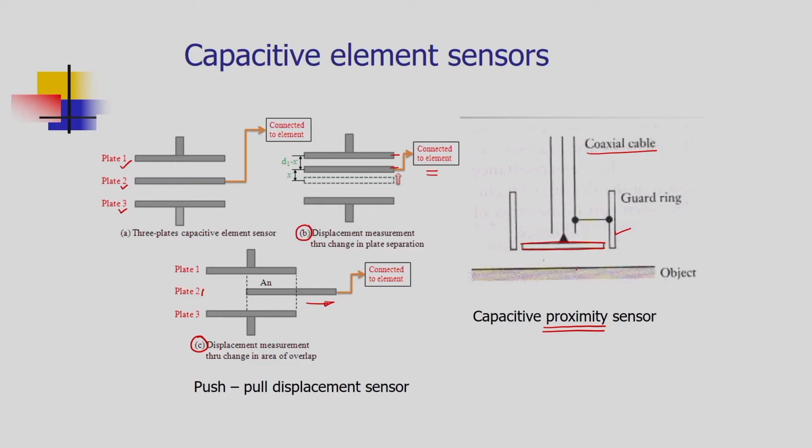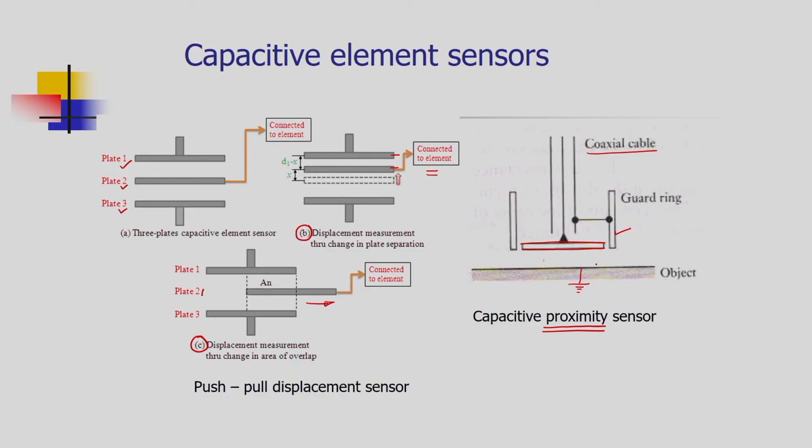When this charge plate comes closer to an object, which is an earth object connected to the earth, the capacitance between these two objects will change, and that triggers a signal, and that signal may be utilized to take action. Consider these kinds of sensors are used as proximity sensors for automated guided vehicles.